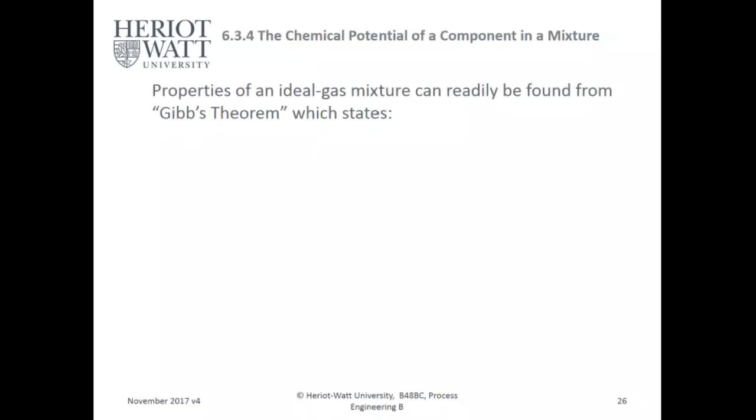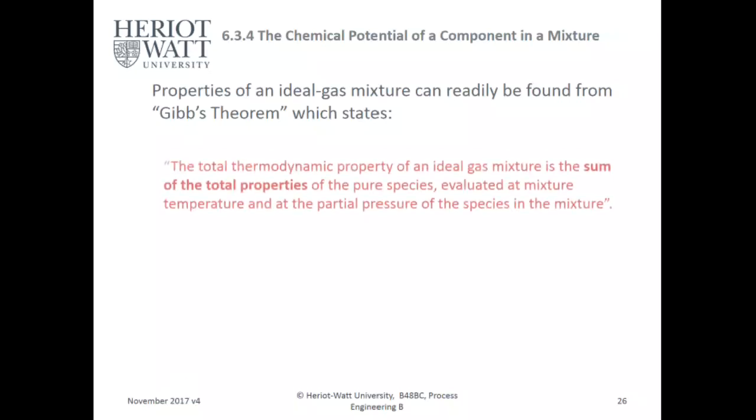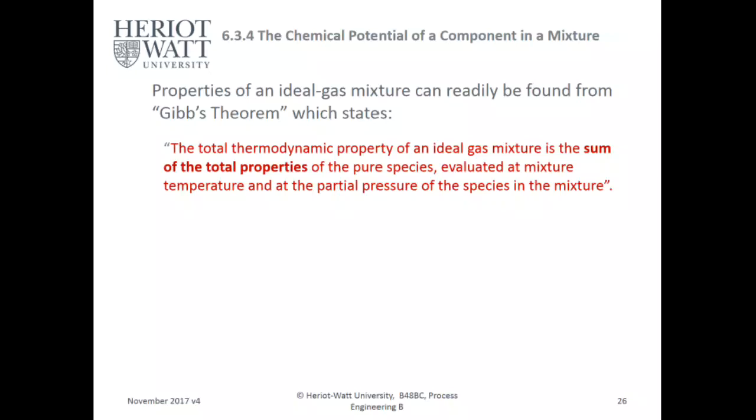So, chemical potential of a component in a mixture. Properties of ideal gas mixtures can readily be found from Gibbs theorem, which states that the total thermodynamic property of any ideal gas mixture is the sum of the total properties of the pure species evaluated at the mixture temperature and the partial pressure of the species in the mixture.